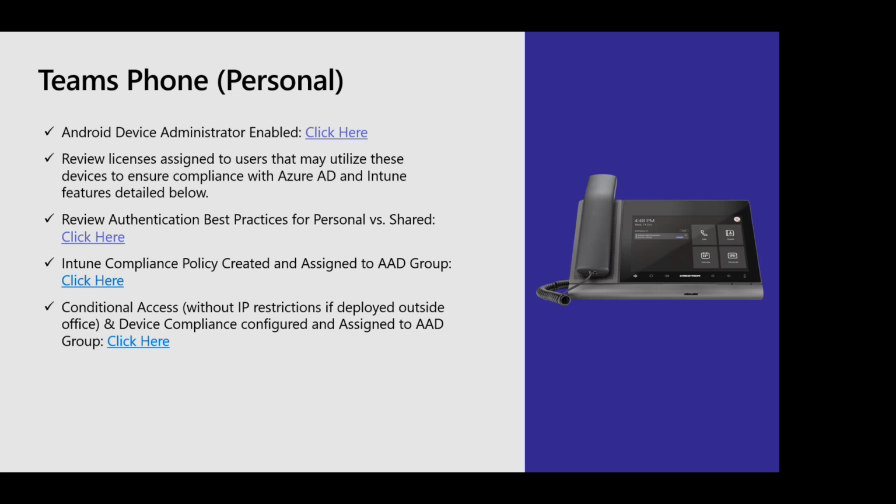So you don't need an additional account with additional licenses when you're assigning a phone to a personal user. So you're using your own personal credentials to sign in. And again, we do need to review the authentication best practices for personal versus shared to make sure that we're targeting the intended conditional access policies to the intended devices and users with capabilities like device filters.